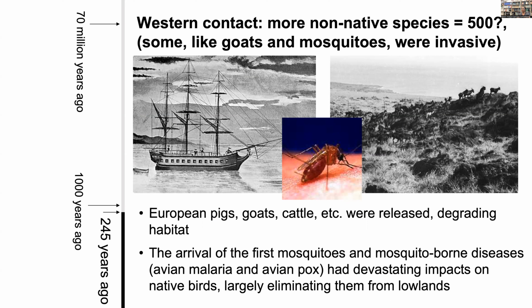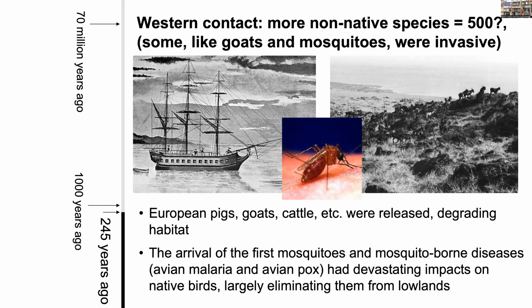This is a photo of the goats. I think this photo is from 1950. Same descended from Captain Vancouver's present. This is on the Kona coast. And even today, if you were to cruise around on the Kona coast, you can just count the number of goats. You're like, thank you, Captain Vancouver, the gift that keeps giving. And so this and a lot of other things were released.